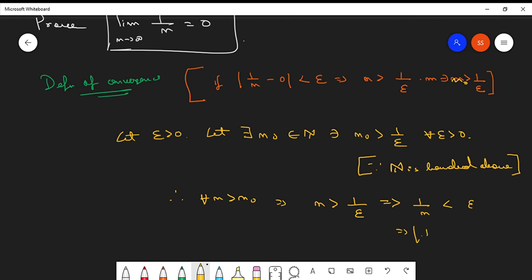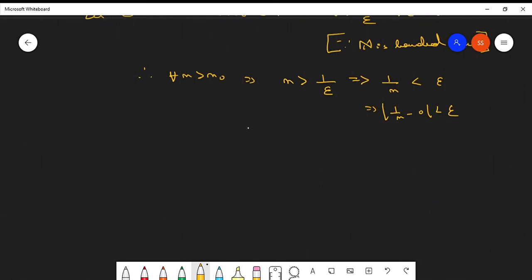That means mod of 1 over n minus 0 is less than epsilon, right? That means limit n tends to infinity 1 over n is equal to 0, right? Clear? Is the proof okay? Got it? So in this way, we basically prove sequences.